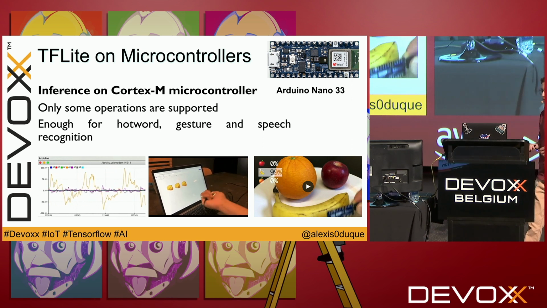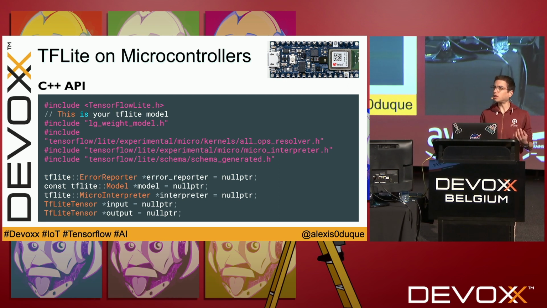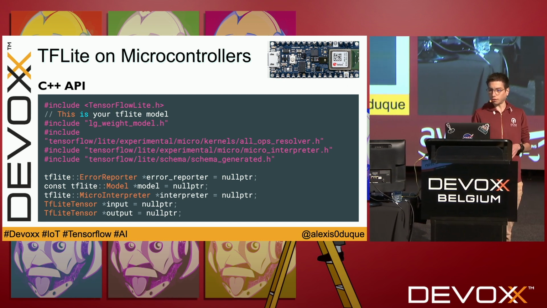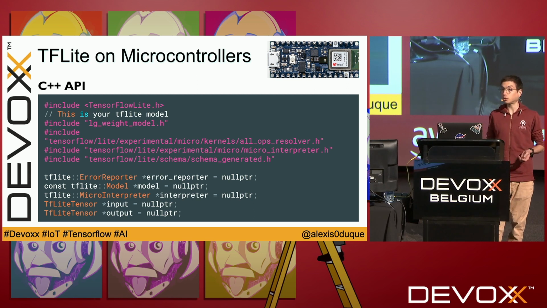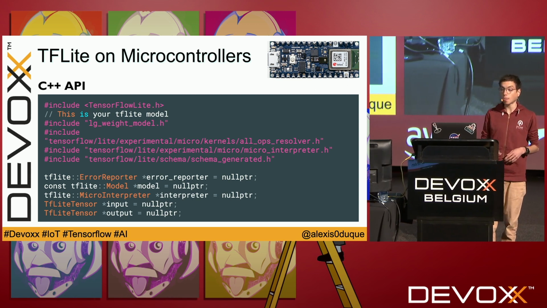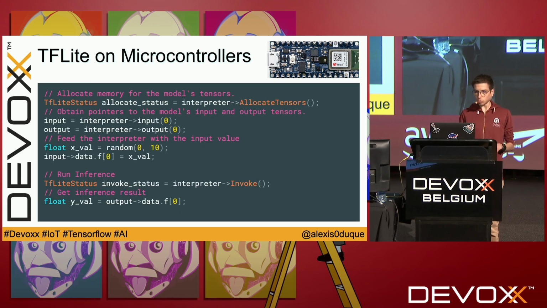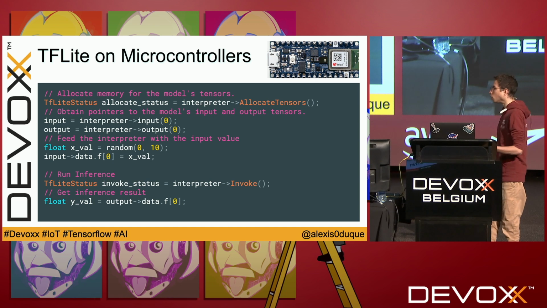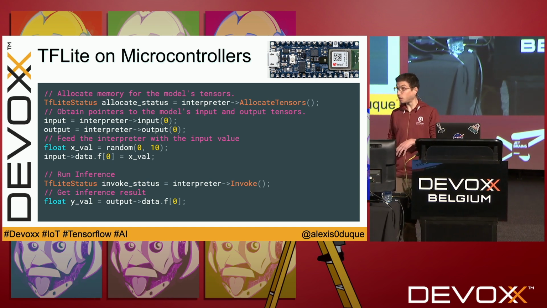So TensorFlow Lite comes with a C++ API. It's very, very similar to the Python API. The first thing you have to do is to include all the header files of TensorFlow Lite that come with the TensorFlow distribution. Then you just load your model, you allocate the memory, then you feed the interpreter with your sensor data.